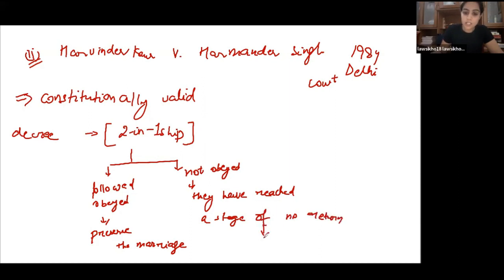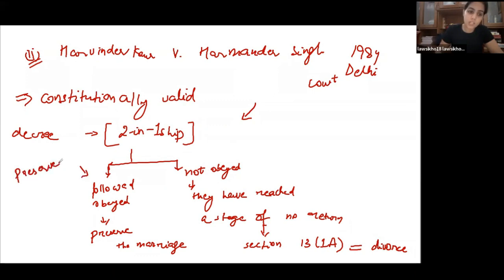And in such cases, by virtue of section 13(1)(a), they can approach the court for divorce. So ultimately, in certain cases it does preserve the marriage, and in other cases where it becomes necessary to get rid of the marriage, it gives the parties an option for that also. So it states that there's nothing coercive about this decree.